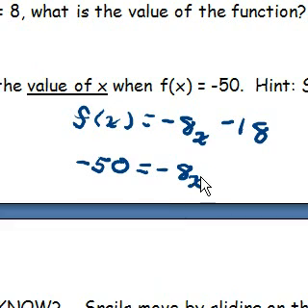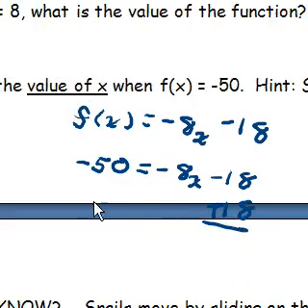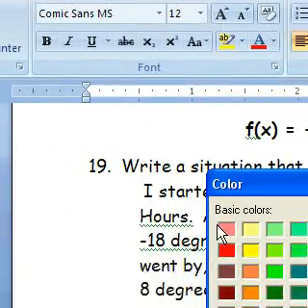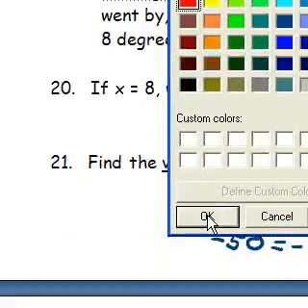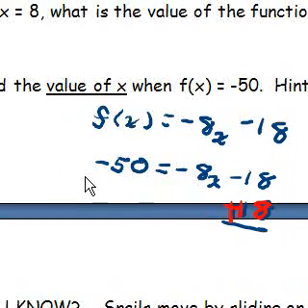Negative 8x minus 18, and now it's a multi-step equation. We add 18 to each side. We add 18 to that side, so that means we need to add 18 to this side.